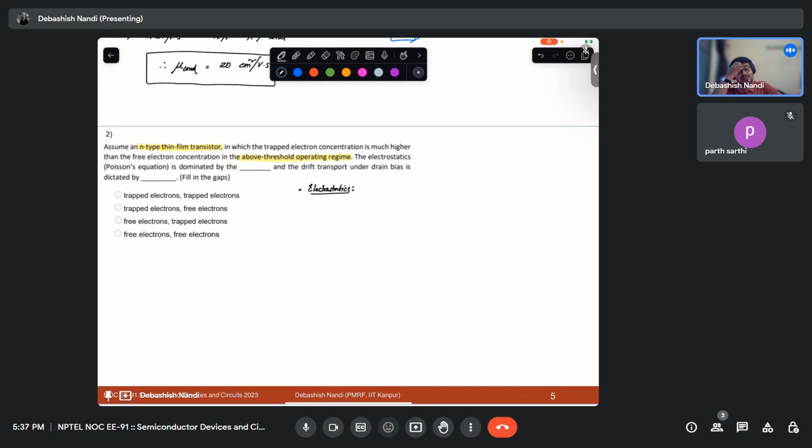Now tell me, what do you understand by electrostatics? Electrostatics means your charge is stationary, right? It is not moving. If you have a positive charge, let's say, you will have a field around it.